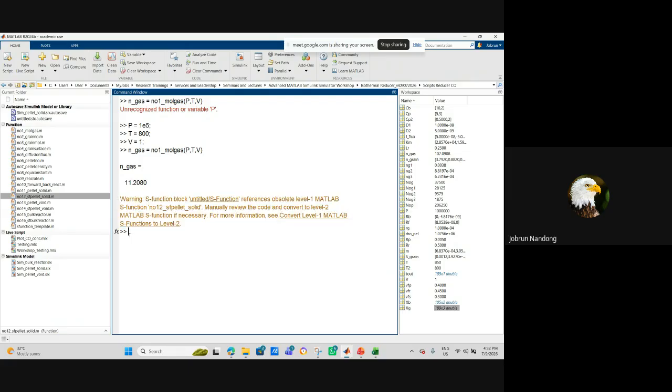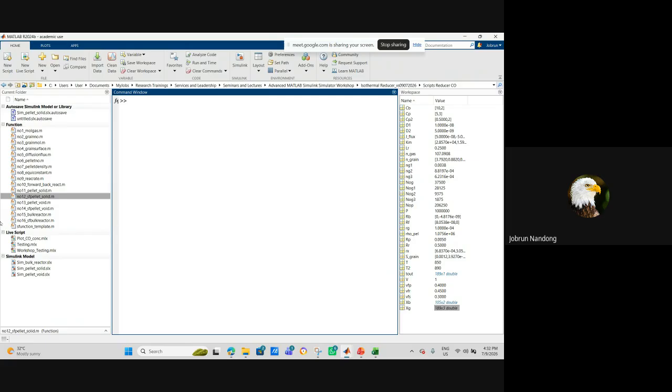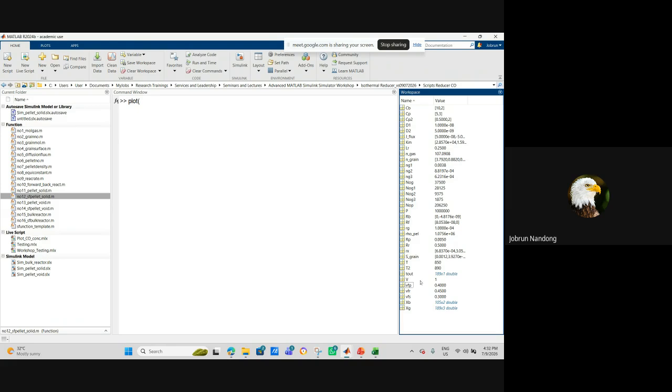It doesn't mean that your simulation is wrong. Right now, you can clear this. In the command window type clc. If you want to plot this, you also can plot it. We have T already, right? The time is available, indicated as tout.